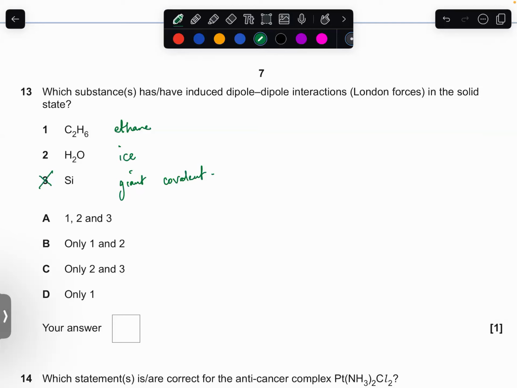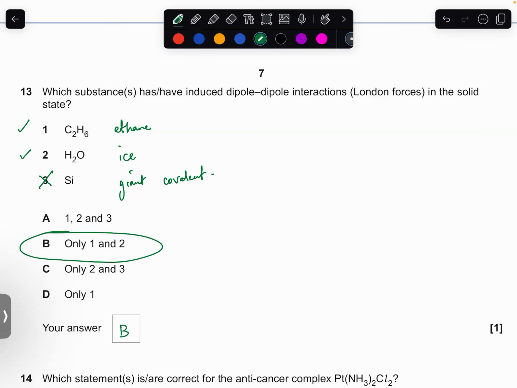Ice is held by London forces, but the main intermolecular force is hydrogen bonding, but it does have London forces in it. And ethane, in its solid state, when it's frozen, will also have London forces. So the answer will be 1 and 2. Yep, the answer is B, supported by the mark scheme.